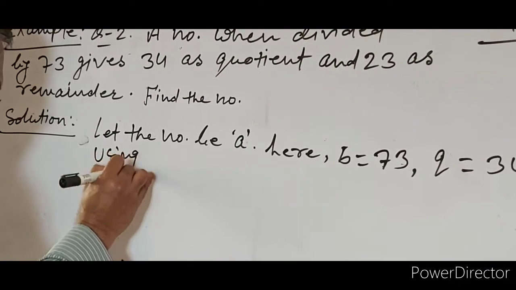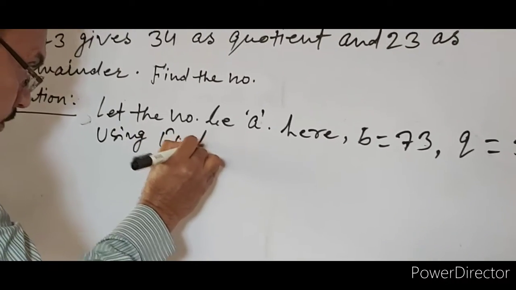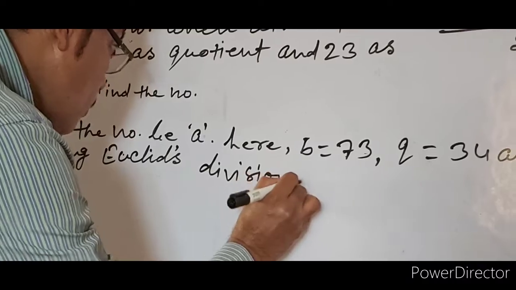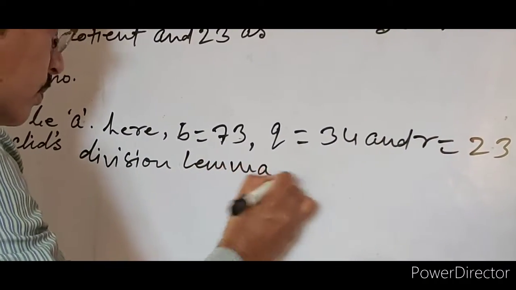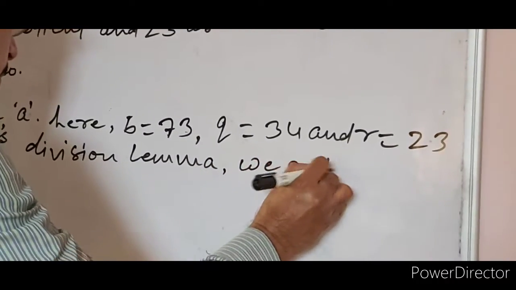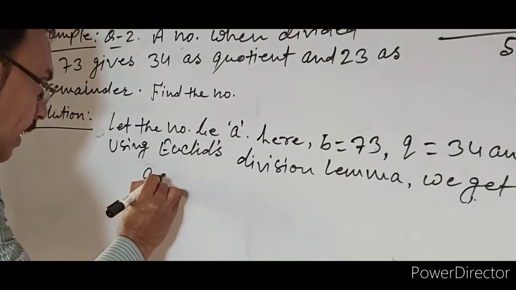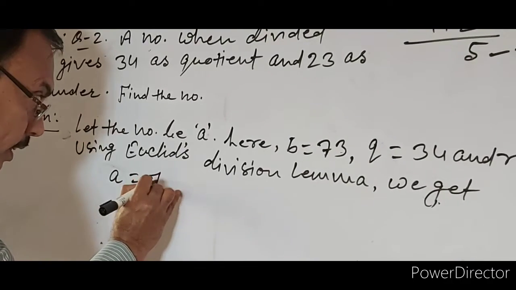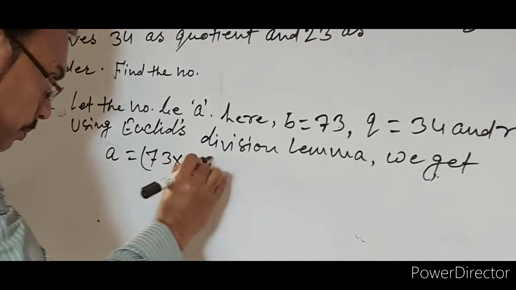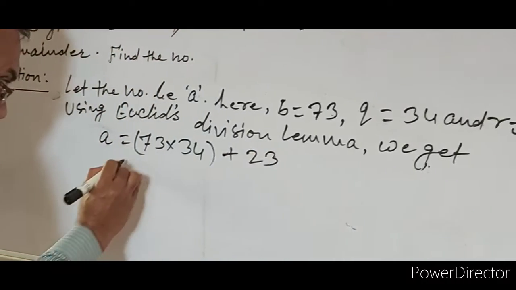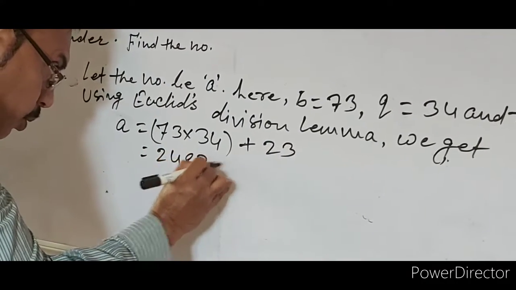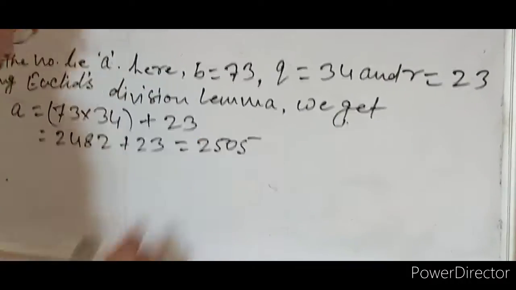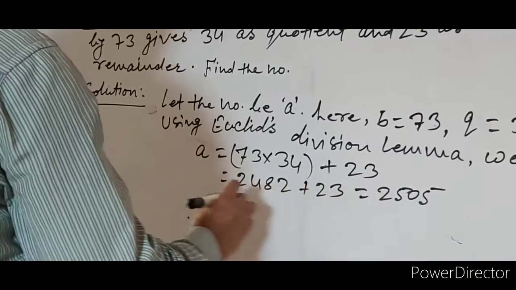Using Euclid's division lemma, we get A equal to 73 into 34 plus 23 equal to 2482 plus 23 equal to 2505.